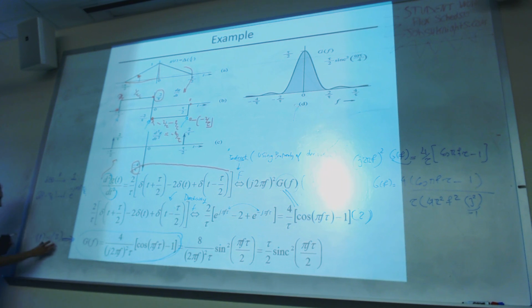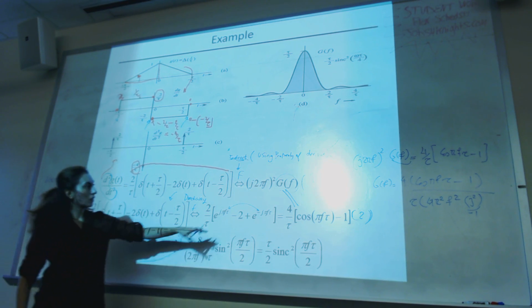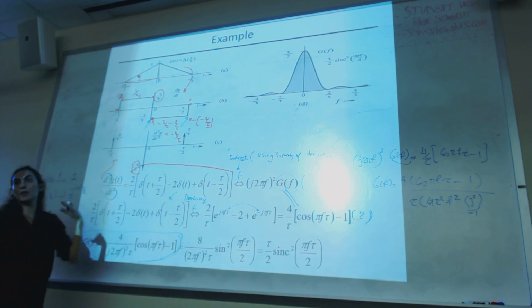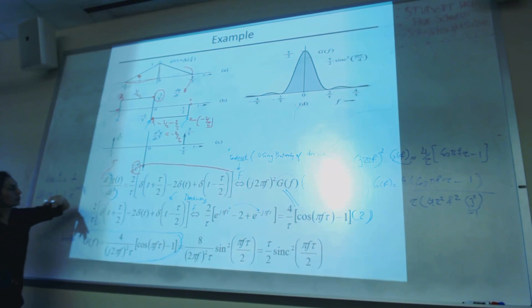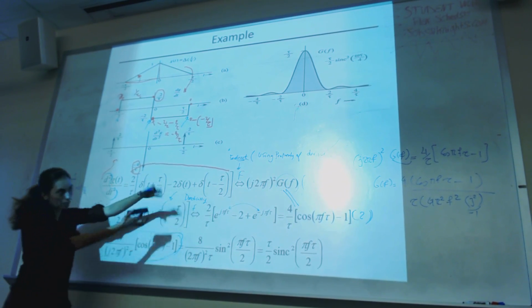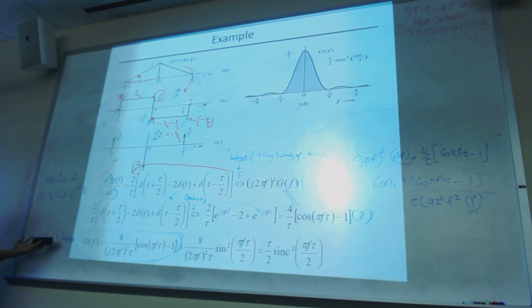Can anybody repeat for me why 1 is equal to 2? Why did I say these two equations are equal? Because both of them are the Fourier transform of the same signal. I just have different approaches, right? I use the property here, I use direct, so the same. So they have to be equal. I put them equal, and this is what happens to G of f.